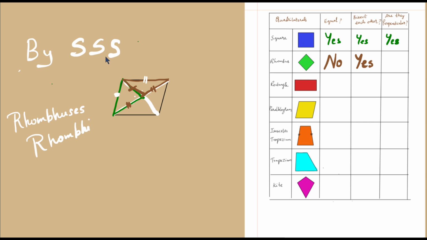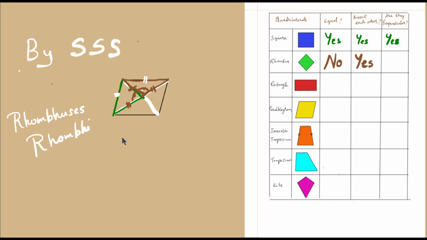So by SSS congruency criteria, the two triangles are congruent, and hence the corresponding angles, these two angles are equal to one another. So let me mark it in brown. These two angles are equal to one another, and being a linear pair, the angles are in the diagonal, right? So this is a single diagonal, a straight line.